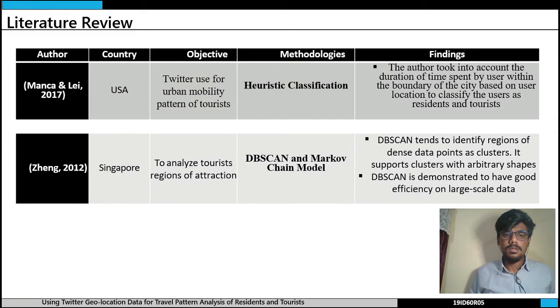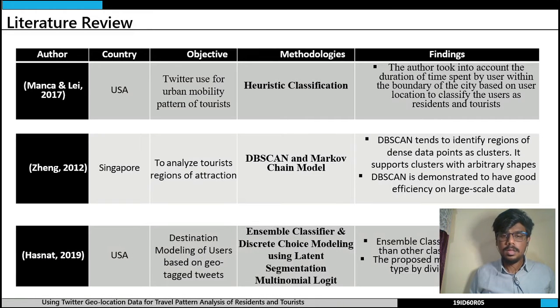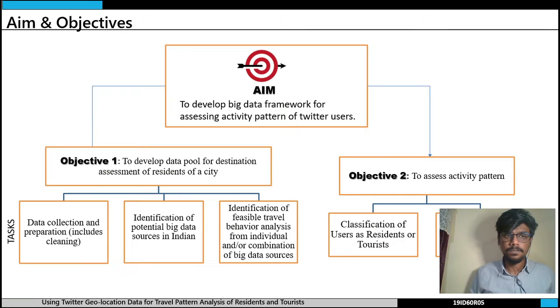Zen used DBSCAN and a Markov chain model to analyze tourist regions of attraction. Hasnath created an ensemble classifier to classify people into tourists and residents and created a destination choice model of users based on those geotagged tweets.